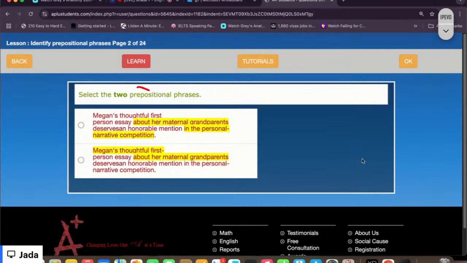Now, Megan's thoughtful first person essay about her maternal grandparents deserving honorable mentions in the personal narrative competition.